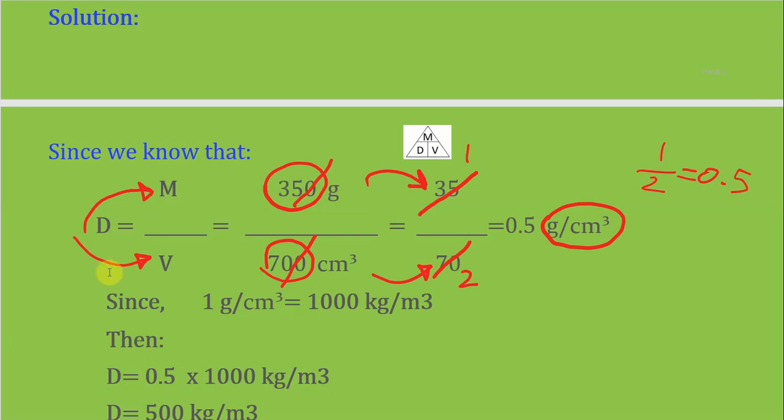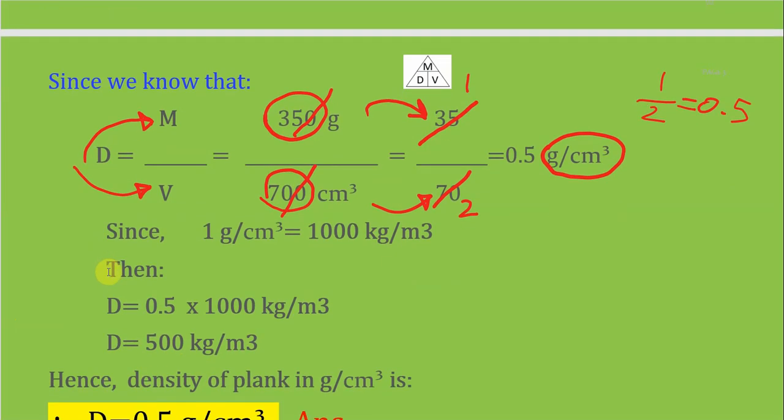Now they want answer in kilogram per meter cube as well. So we know the relation 1 gram per centimeter cube is equal to 1000 kilogram per meter cube. We have already got the answer in gram per cubic centimeter.